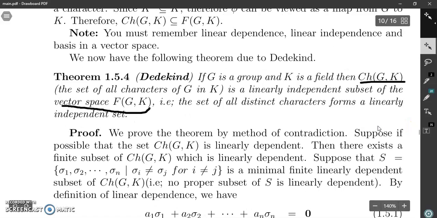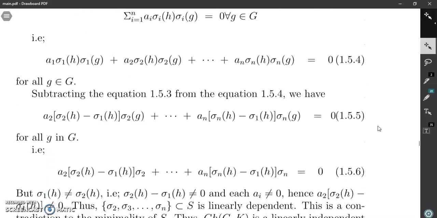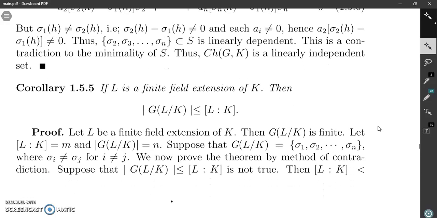Now, before going to prove one of its applications, we just recall the definition of linearly dependent and independent sets. Suppose that S is a set containing elements v1, v2, ..., vn.